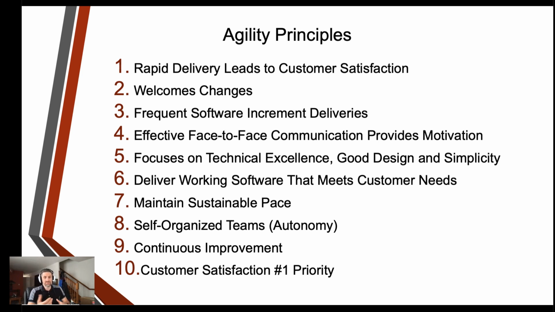We embrace change with Agile. We know that requirements are going to change over the course of a project. Instead of resisting it, we embrace it as an opportunity to improve our software. We have a lot of delivery of increments, so they're frequent. We deliver these to our stakeholders rather than waiting for months.